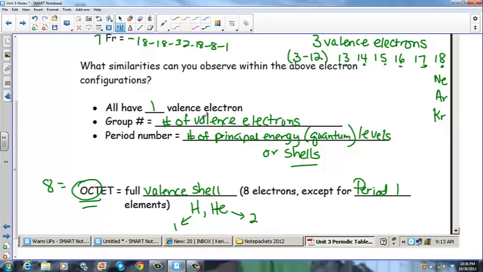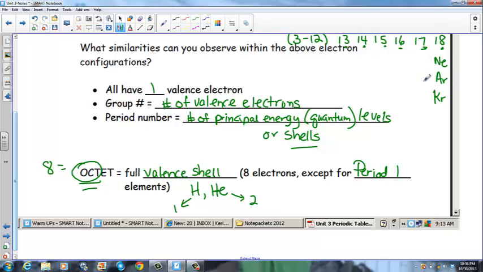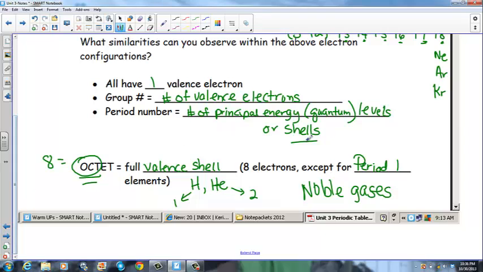So all of the elements that have octets, those would be the noble gases, okay, completely full outer shells, 8 electrons, and the exceptions are hydrogen and helium, because they only have 1 valence shell and they can only hold up to 2, okay, not 8. So we are going to just say for now that 8 electrons except for period 1.